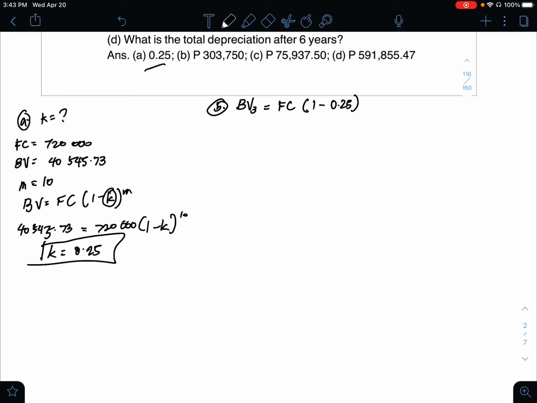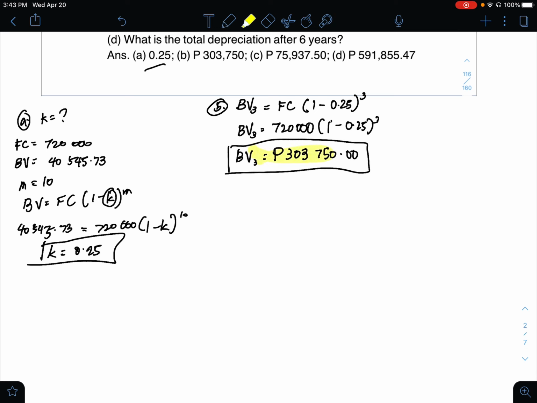Tapos, after 3 years daw, that's 3. So, the book value after 3 years, using your calculator, that's 720,000 times 1 minus 0.25 raised to 3. So, your book value at 3 years is 303,750 pesos.